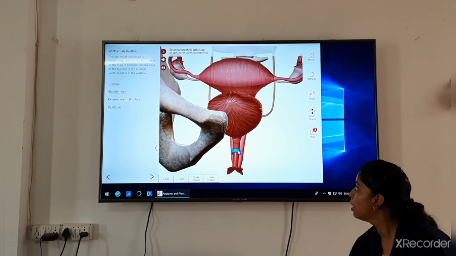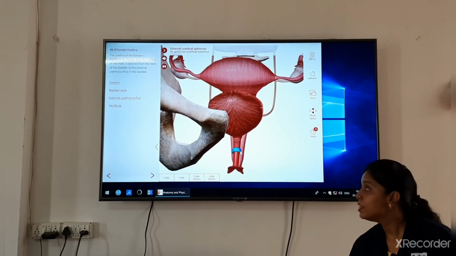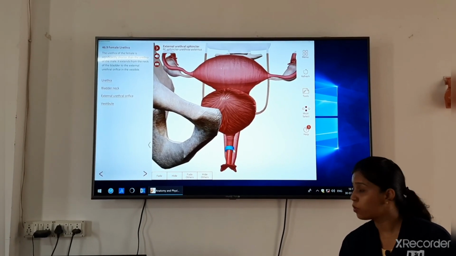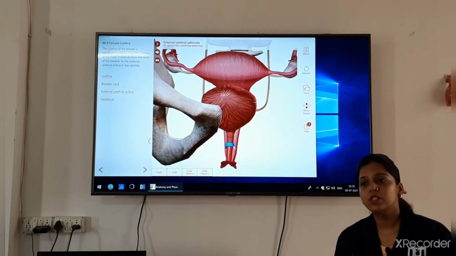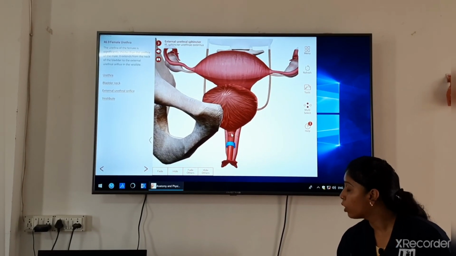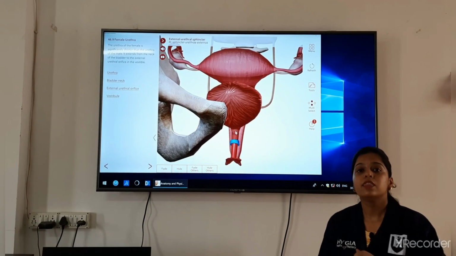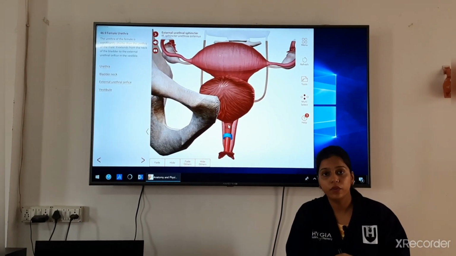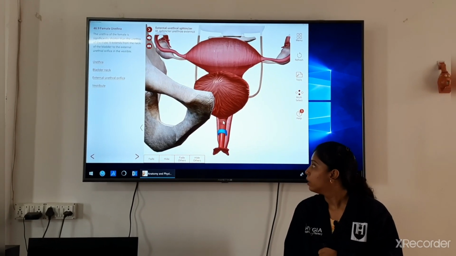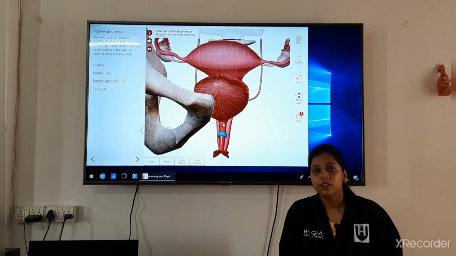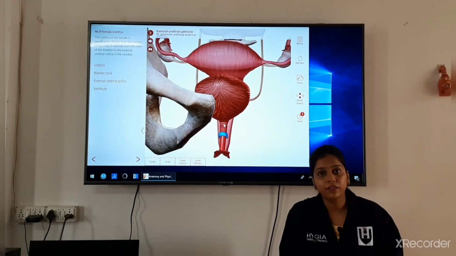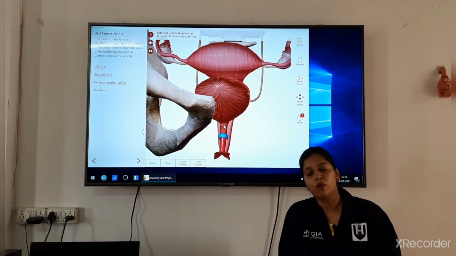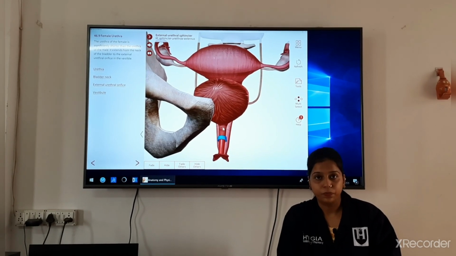This is the external urethral sphincter. These sphincters play a vital role in the micturition process, and the difference between these two is that the internal sphincter is made up of smooth muscles and performs involuntary action, and the external sphincter is made up of skeletal muscles and performs voluntary function.